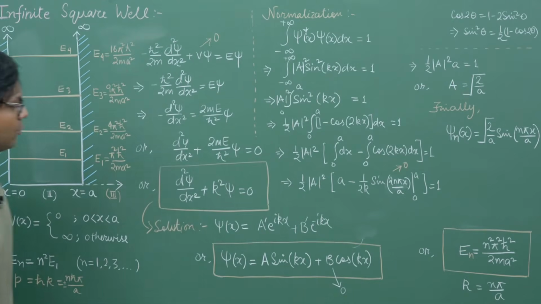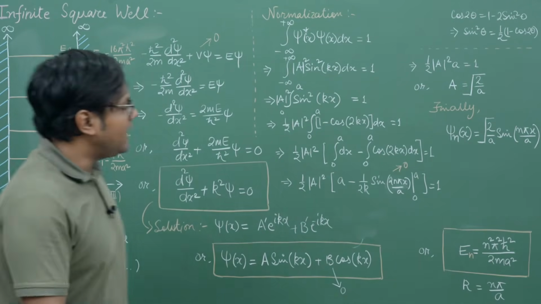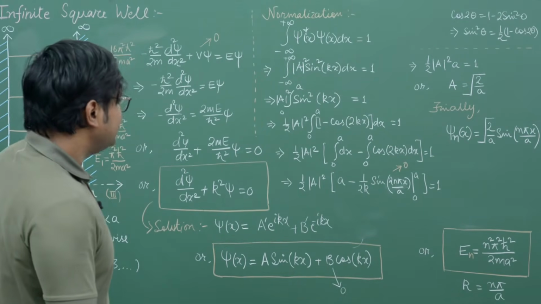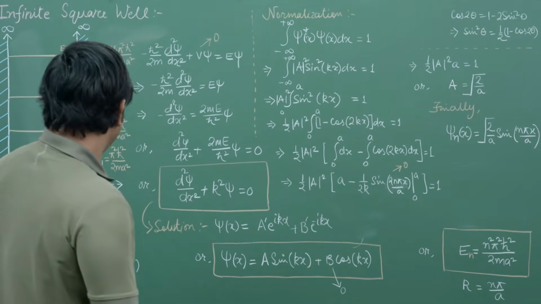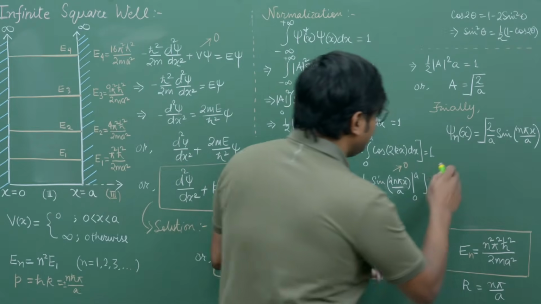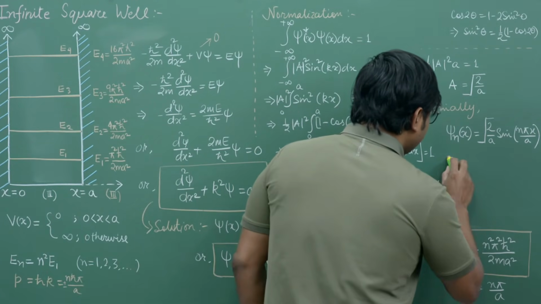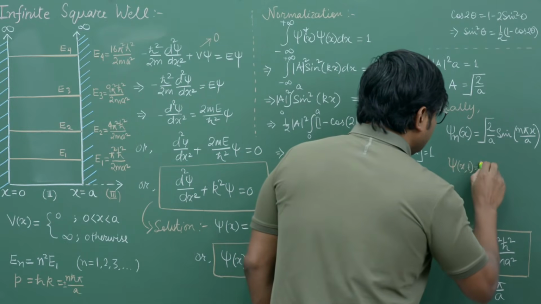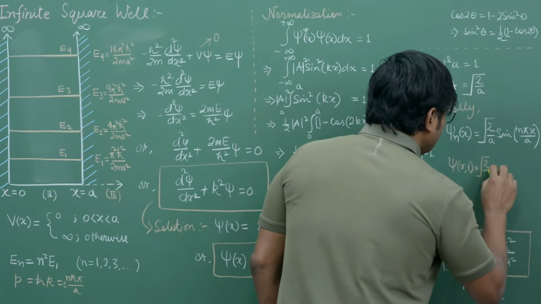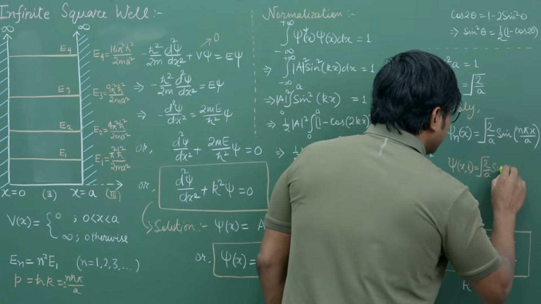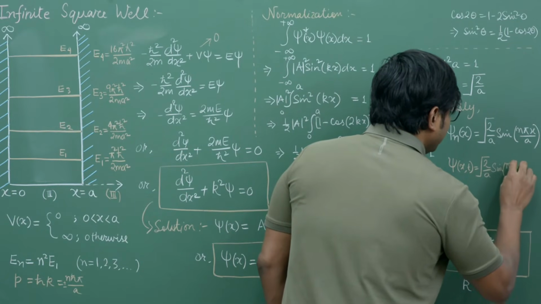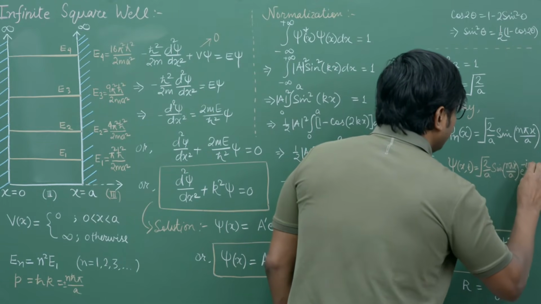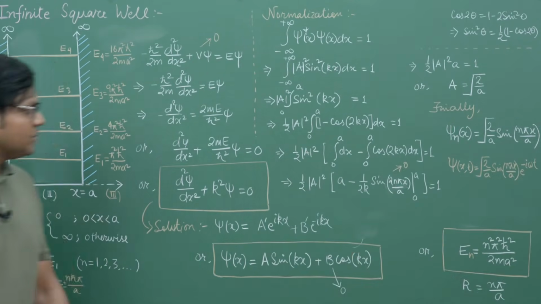And if I write the wave function solution, I simply need to multiply this with e to the power minus i omega t. Let me write it here itself. So the wave function, which is a function of both x and t, is equal to root over 2 upon a sine n pi x upon a times e to the power minus i omega t. That's it. There you have it.